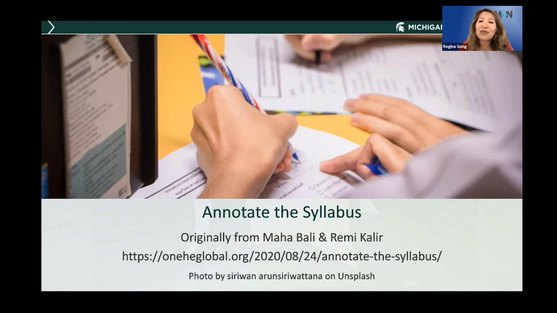It's really nice to have that opportunity to see another syllabus, especially since a lot of the participants belong to different disciplines, right? So that is one of the things that we did in one of our activities.